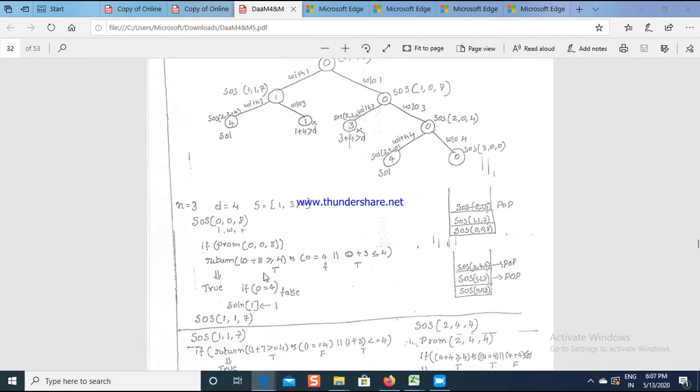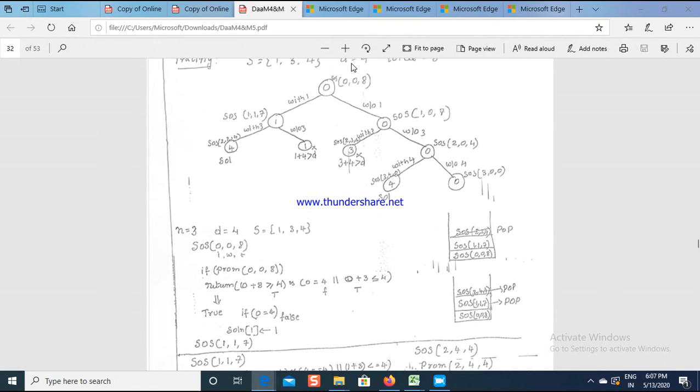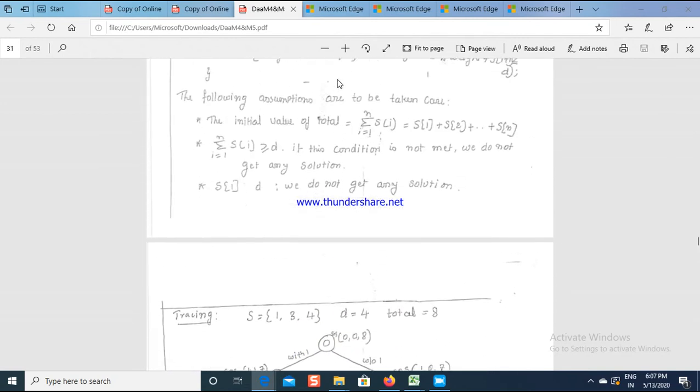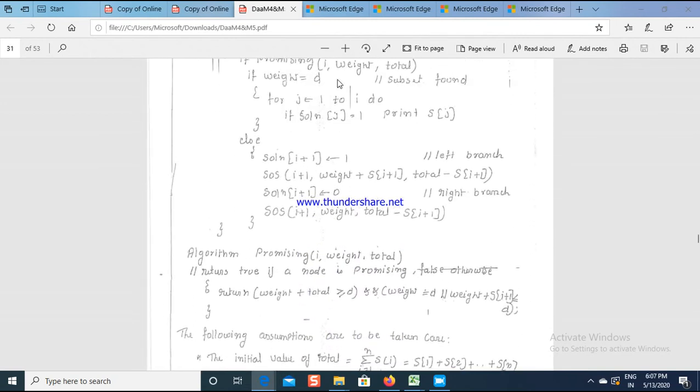Now I will come to this one. Now call the left, meaning 117. So 117 will be pushed onto the stack. You know how we are getting that 117. In the algorithm, how are we calling the left branch? It is nothing but sum of subset of I plus 1. Initially it was 0, now it will become 1.